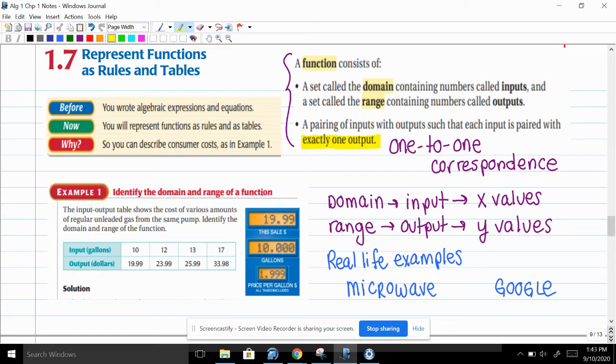So I'm talking about a microwave and Google. Which one, when you input something, gives you only one output? Hopefully, you guys are saying the microwave. It is definitely the microwave and not Google. The reason it would be the microwave: if you wanted to microwave a Stouffer's French bread pizza and you put in one pizza, you're going to get out one pizza.